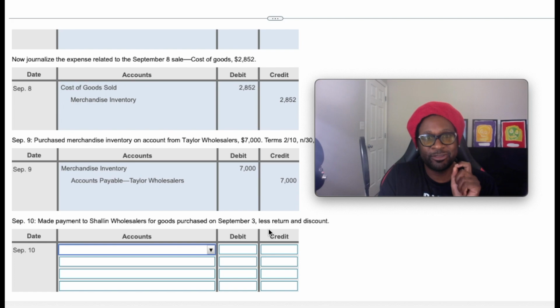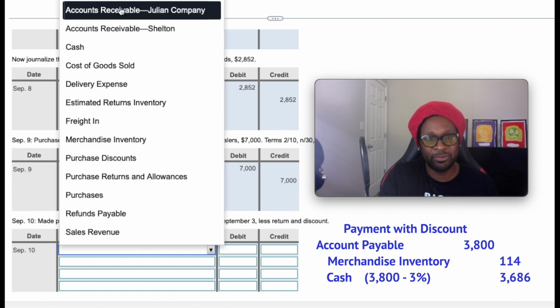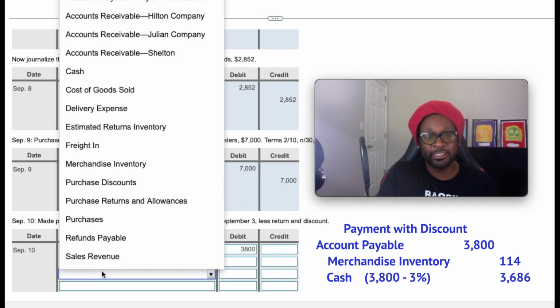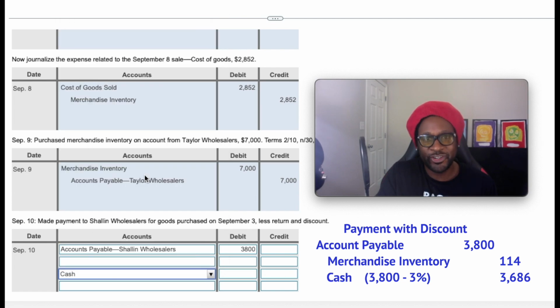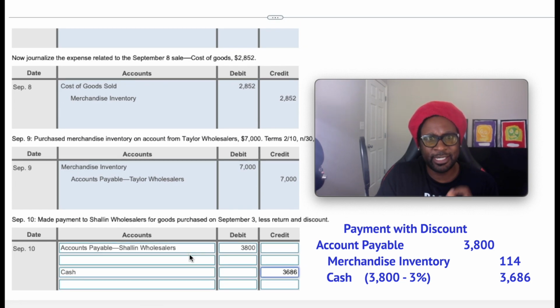Nevertheless, when it comes to reducing our accounts payable, we must debit accounts payable at the full amount of the $3,800. Likewise, we're going to credit cash for $3,800 minus 3%, which will give us a total of $3,686. But we're not quite done yet, gang.